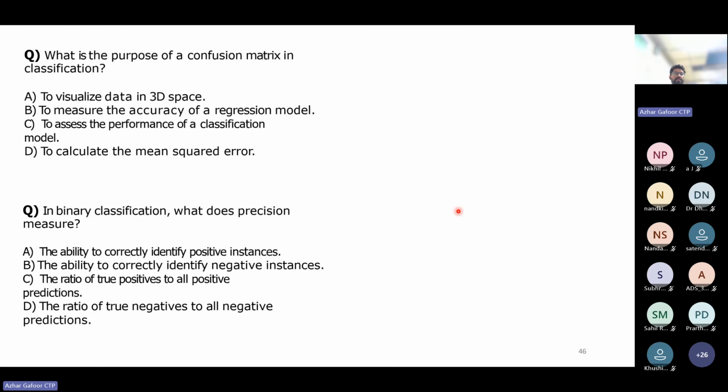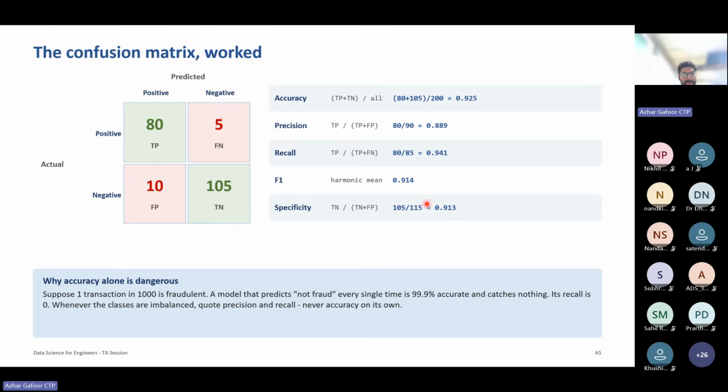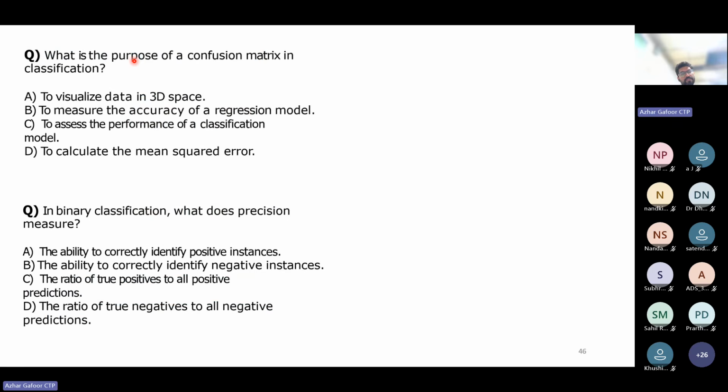What it actually is, is the ratio of true positives to all positive predictions. If you remember the table, this is the predicted side. That's the ratio of true positives to all the positives predicted by the model. That is the precision.